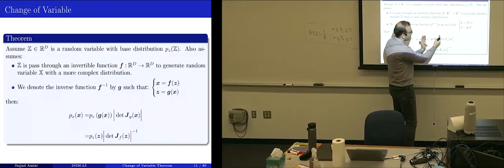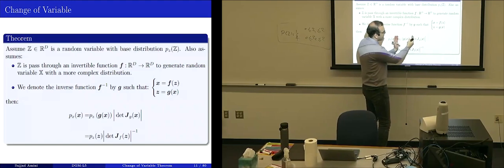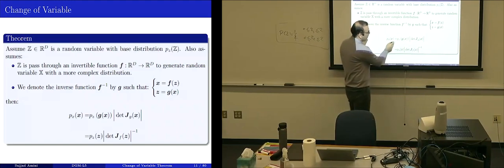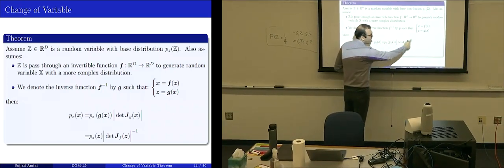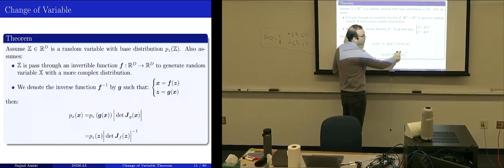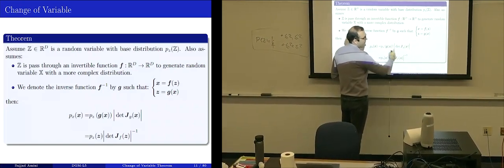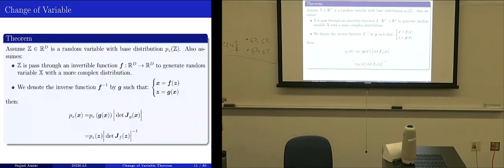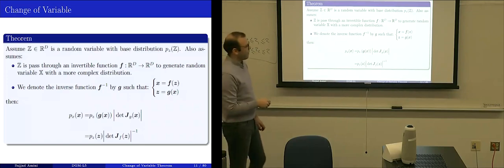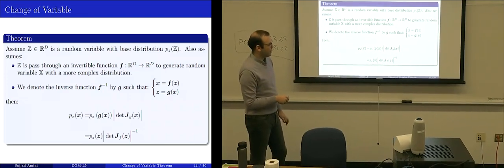So again, PZ is valid in the X space, so we put 1/4 for the X space too. But the change of variable says that there is a correction factor, or a normalization factor, to update the distribution from the base space into the target space. And this is what we should multiply to have the correct distribution in the target space.